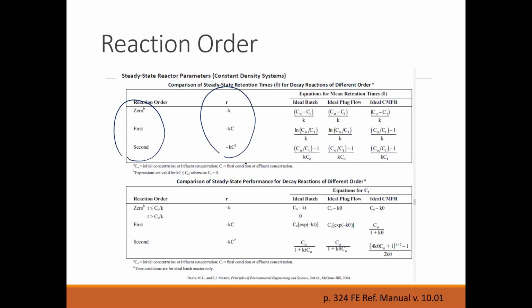You're also given equations for whether it's a batch system, an ideal plug flow system, or a completely mixed flow reactor, or a CSTR. So get those equations if you need them for solving these types of problems.